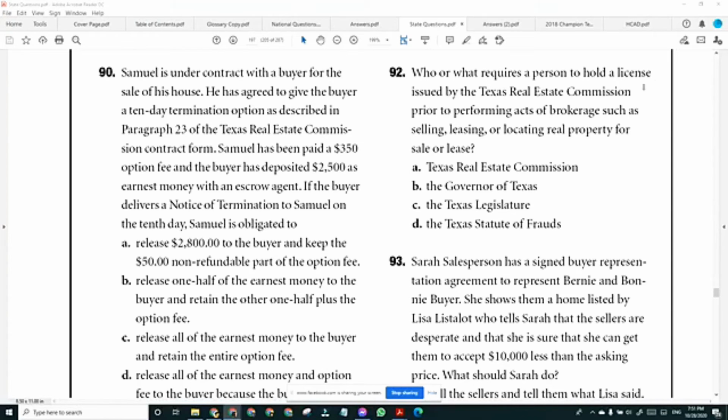So who requires a person to get a license issued by TREC? So that tells you who or what requires that a license that is issued by TREC.